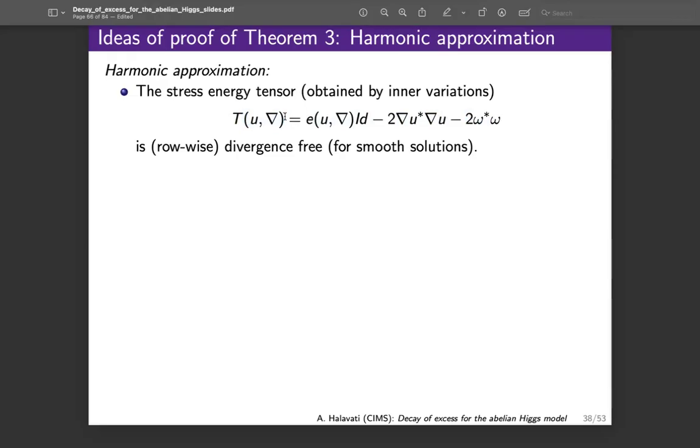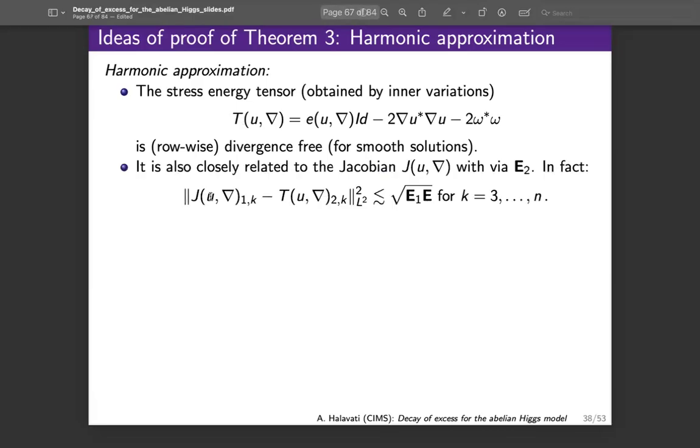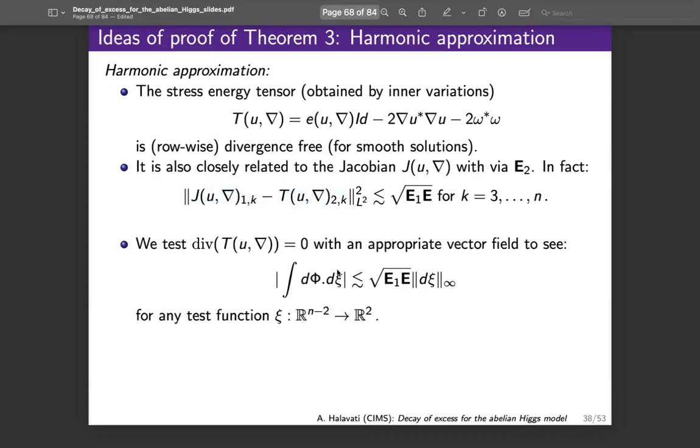Because of the structure of the XS2 and XS1, this self-duality or these vortex equations, this Jacobian is very closely related to the stress energy tensor, at least on some off-diagonal elements. So you expect to relate the slices of this Jacobian to the divergence-free condition of this, and you get this equation. It's basically an approximate elliptic equation in the sense of W -1 infinity, right?